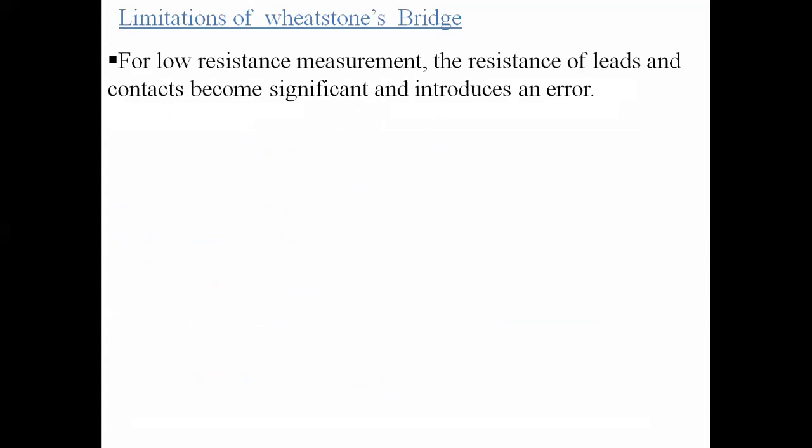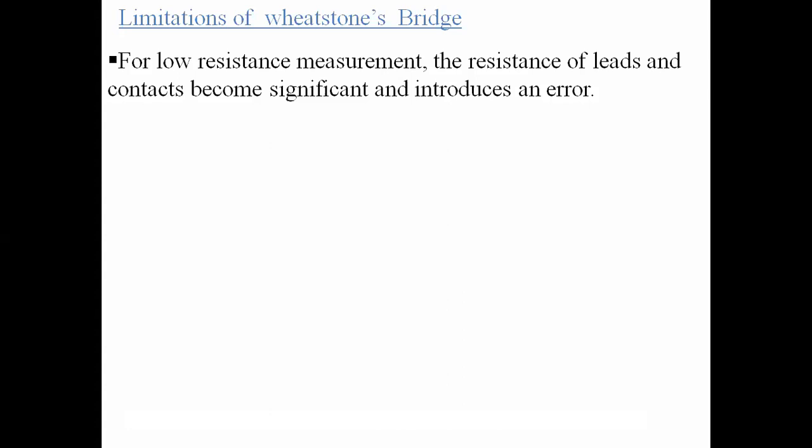While connecting this, we have to use some leads or contacts, and the resistance of those contacts is also included in the circuit. While measuring a low resistance value, the resistance of these contacts and lead wires will add to that low resistance value, so it creates an error.